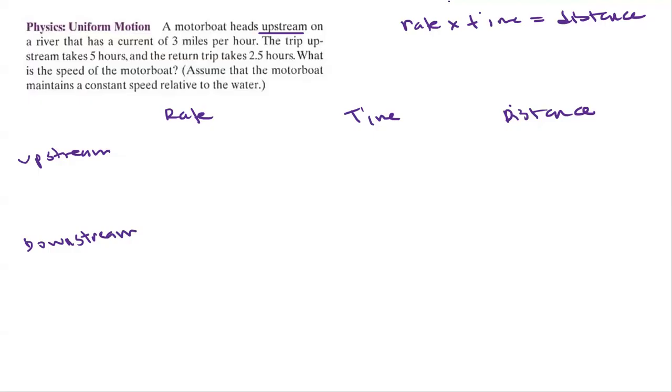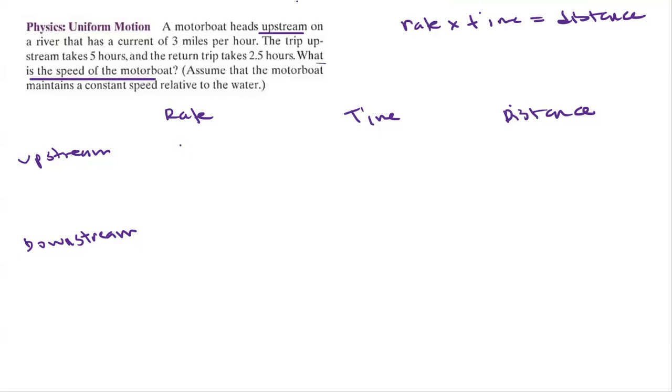Okay, so do we know the rate of the motorboat? No, right? We don't know. That's what we're looking for. It says, what is the speed of the motorboat? We don't know.